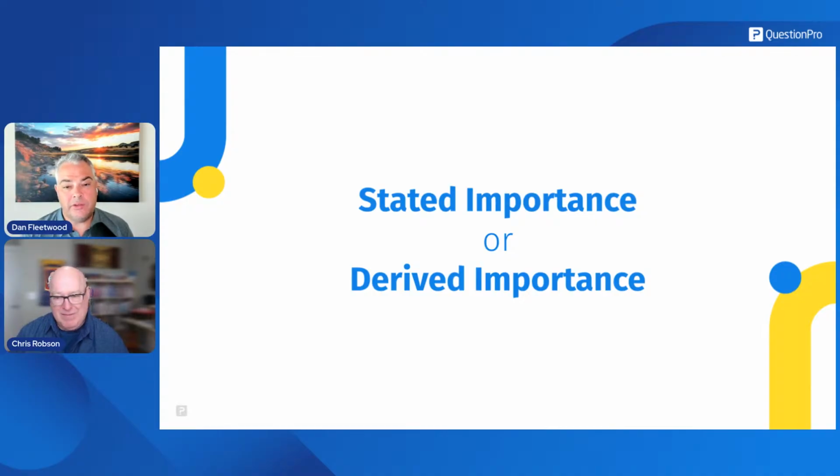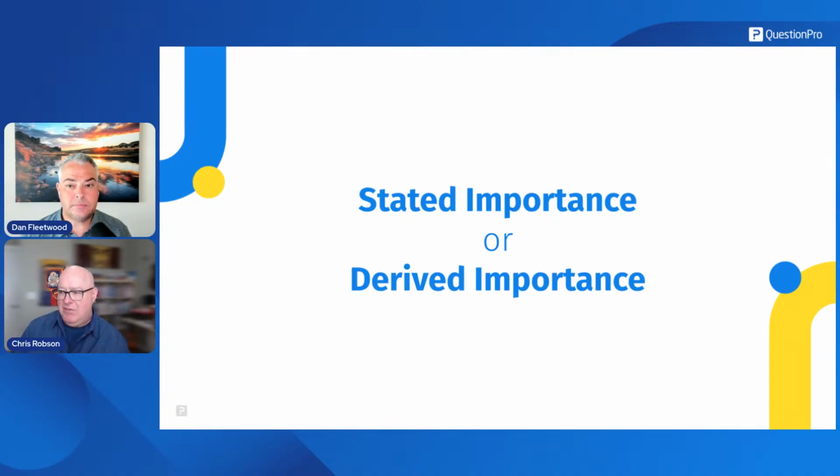So if someone is running a study and they want to do derived importance, but they don't think they have enough time or bandwidth to do it, or maybe the surveys are already running long, what does a good derived methodology look like, and can I squeeze it in? There are actually more modern methods for doing derived importance, which work really well and don't take as much real estate in the study.